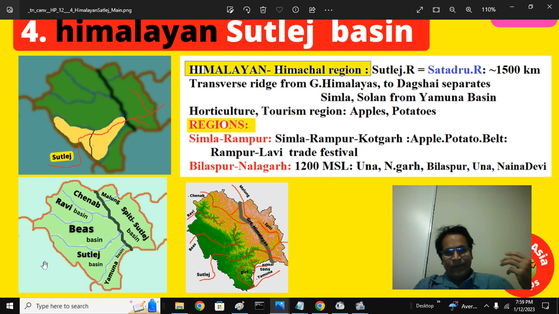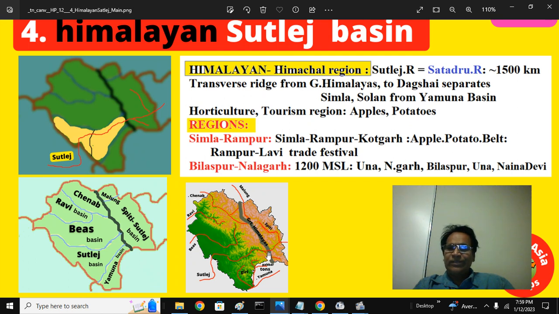The river gathers the Chenab from the north and forms the Panjnad, which is a tributary of the Indus River at Mithankot. There is a transverse ridge from the Great Himalayas to Daksha, a town near Simla.